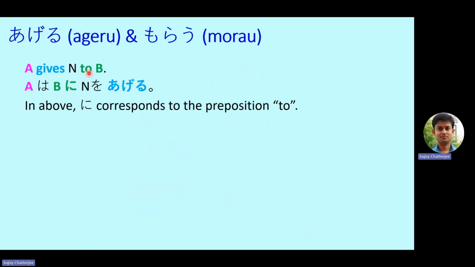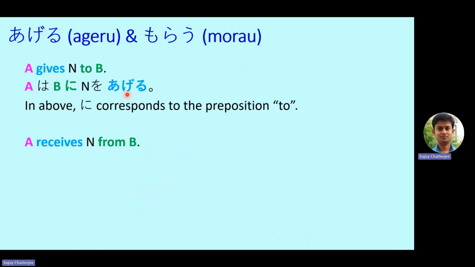That means the preposition to in English is the same as the ni particle in this context with the verb ageru. So A gives to B means A wa B ni ageru or agemasu. And if you say A gave to B, then it will be A wa B ni agemashita.